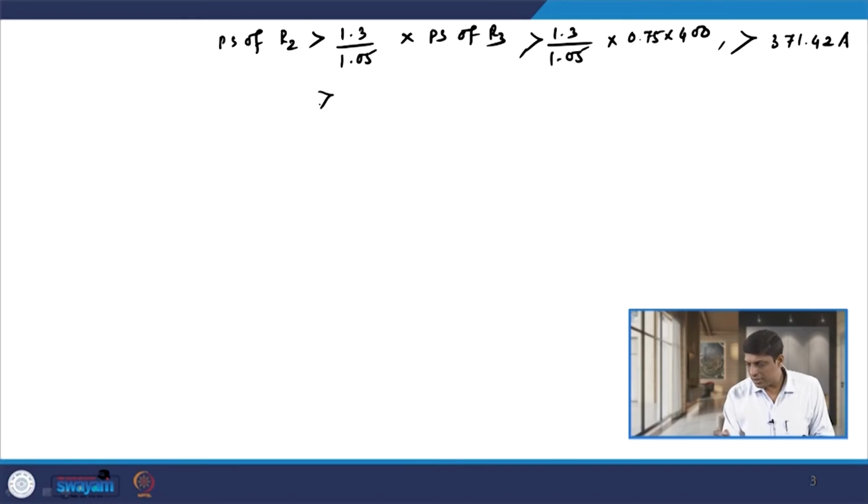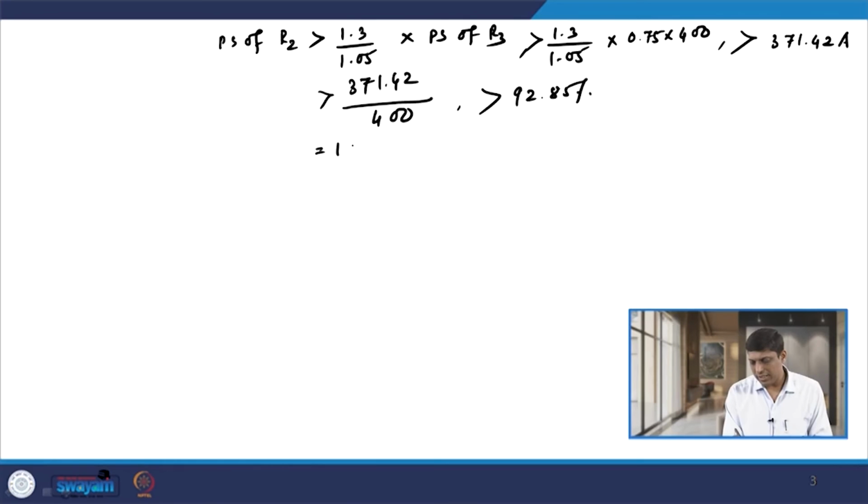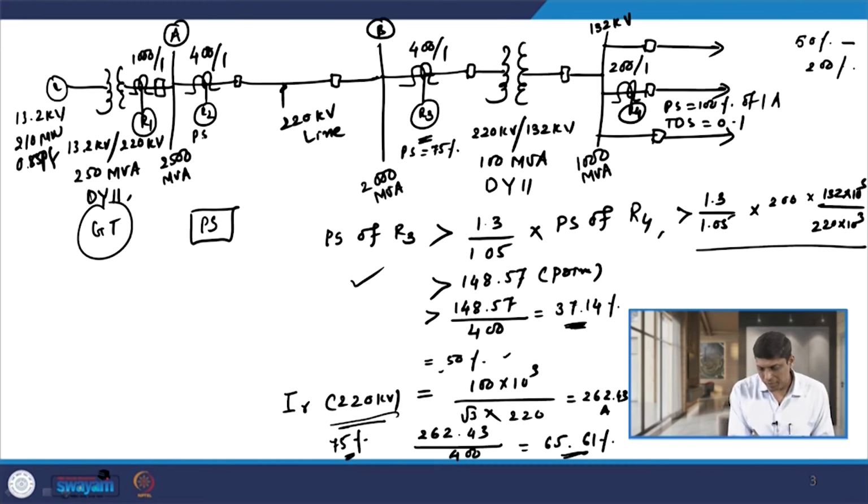So, if I convert this value, 371.42 divided by 400, the value available on the secondary side in percentage is 92.85%. Obviously, we can select the next setting range available higher than this, that is 100%. So, the plug setting of R2 can be selected as 100%. Now let us decide the plug setting of R1.